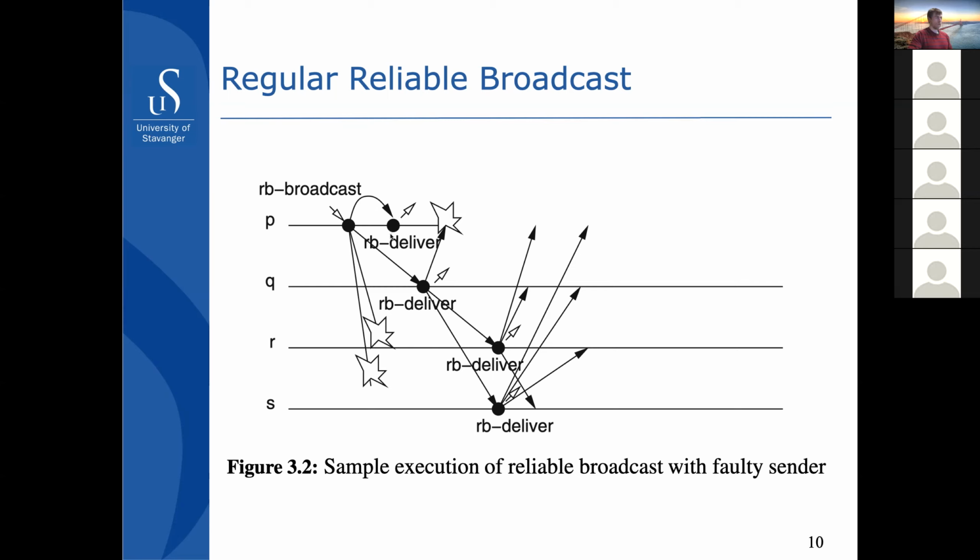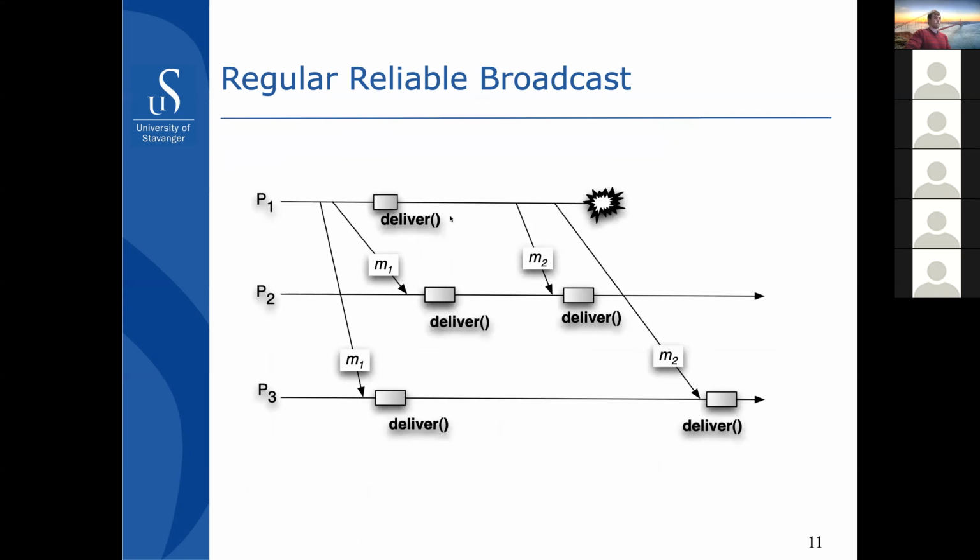This is one example execution: if the first process delivers, then all the other processes must also deliver this message, even if the first process crashed. Here is another scenario.